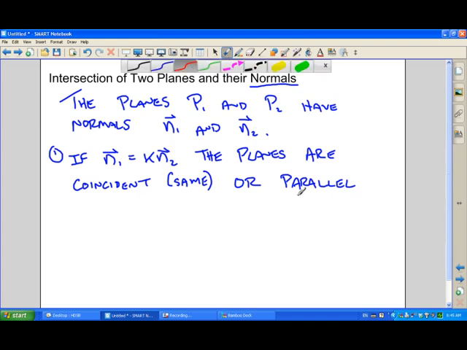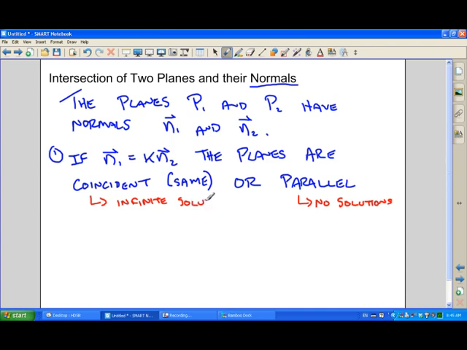If the planes are parallel, they'll have no solutions. If the planes are coincident, they'll have infinite solutions. And we can distinguish between coincident planes and parallel planes by looking at the constant value in the equation. If the constant value is the same, they're coincident.